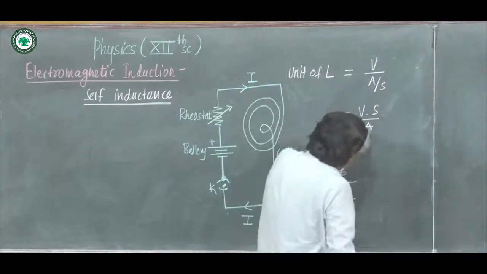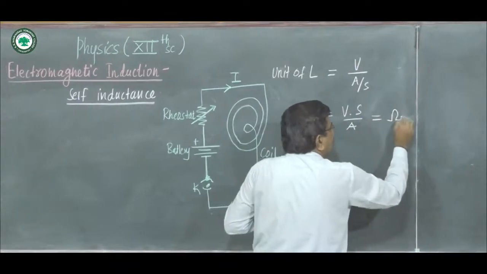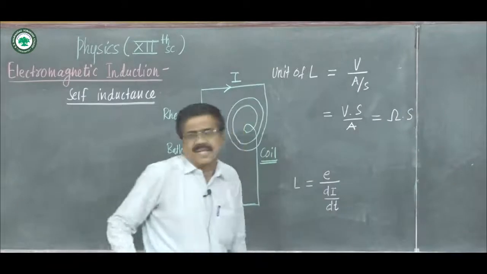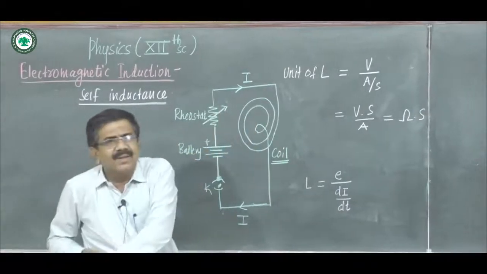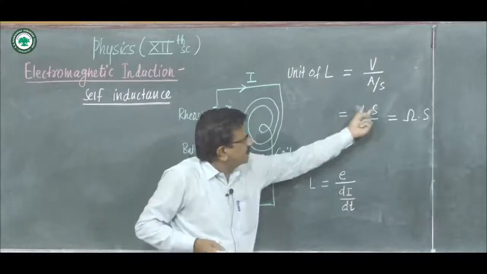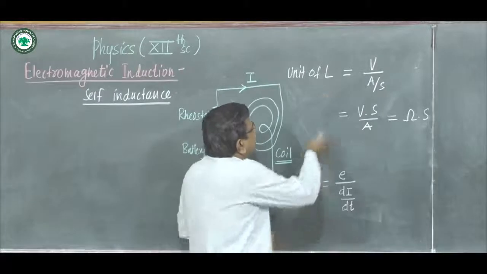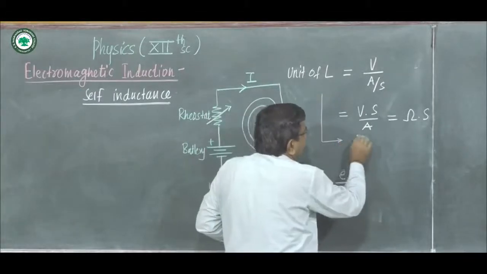But we know volt upon ampere is ohm, so we write this unit also as ohm second. This unit, volt second upon ampere or ohm second, is also called Henry.